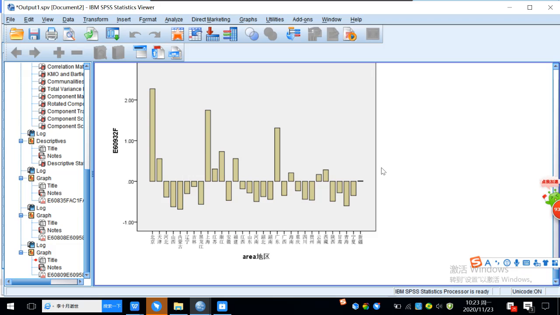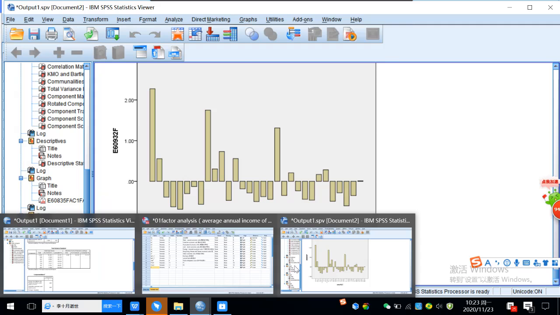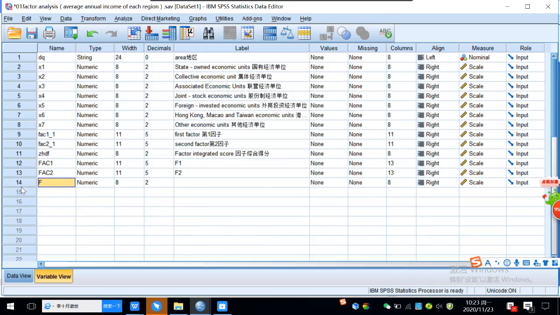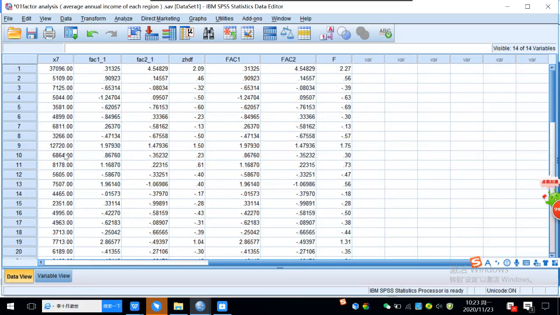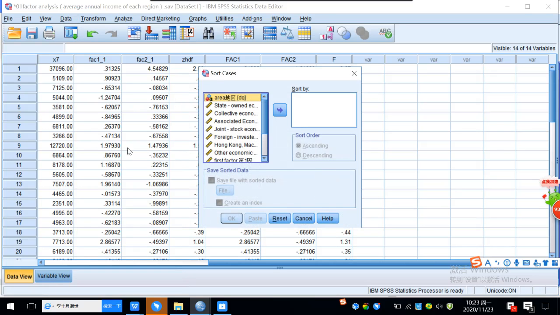If it's not very clear, and we want to see the sequence of the areas from the highest income to the lowest income, then you can do it like this. Firstly, I would like to use Data, Sort Cases.